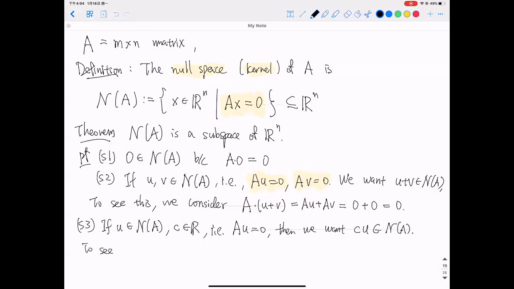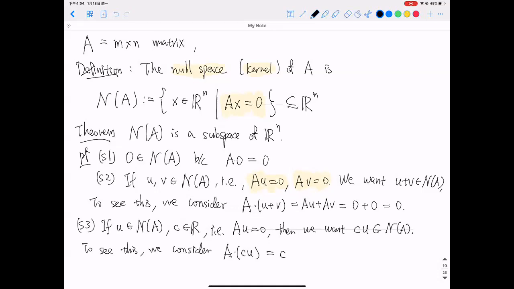To see this, we consider A times cu, and we need this to equal 0.